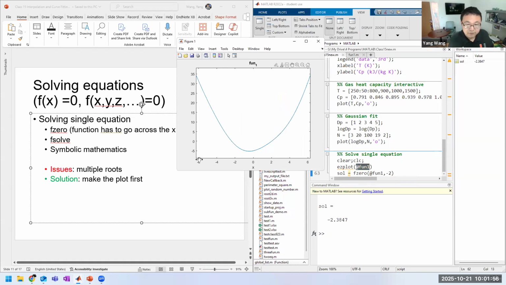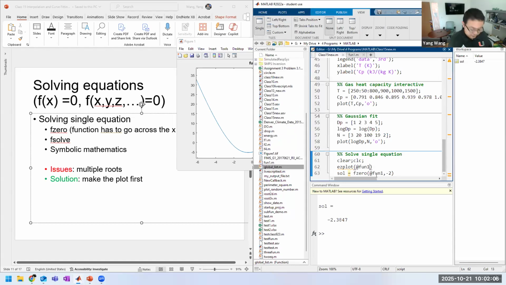So x, this is in the range of -6 to 6. Remember, we said that if you use ezplot, normally it's in the range of around -6 to +6, but you can also change the range if you're, let's say, concerned that there may be more roots. Then you can define the range for the plot.